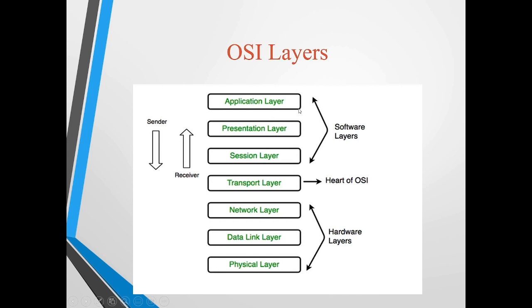Then the role of the application layer comes. This is the seventh layer of the OSI model, and this layer is used by the end user software, such as web browsers and email clients.